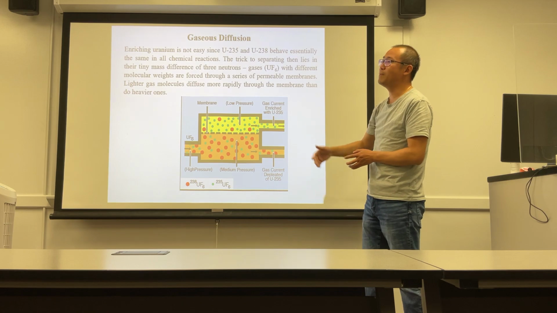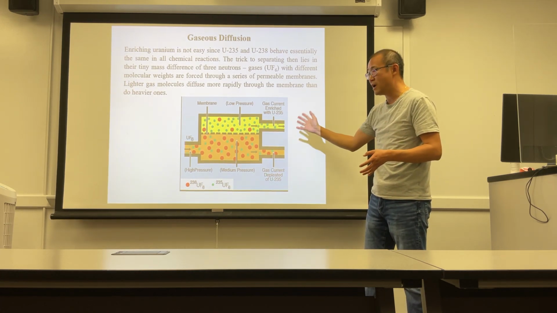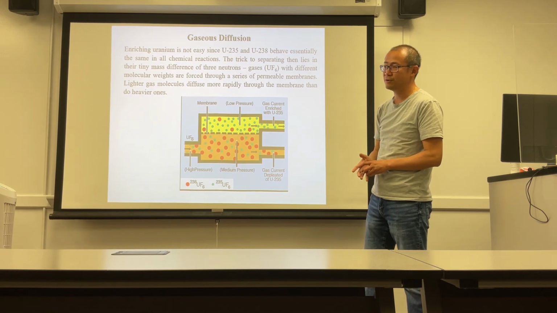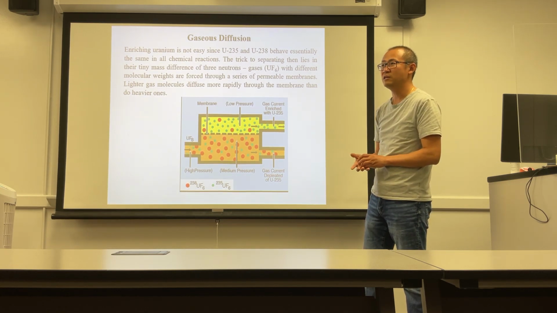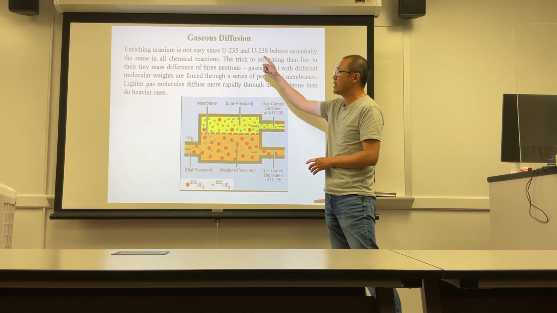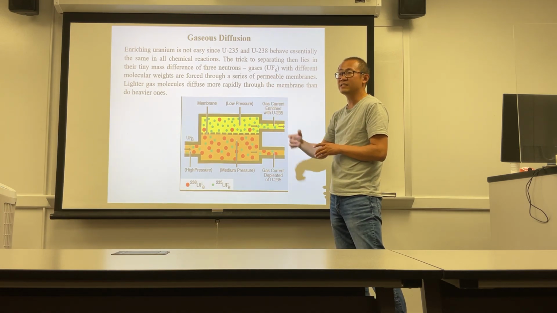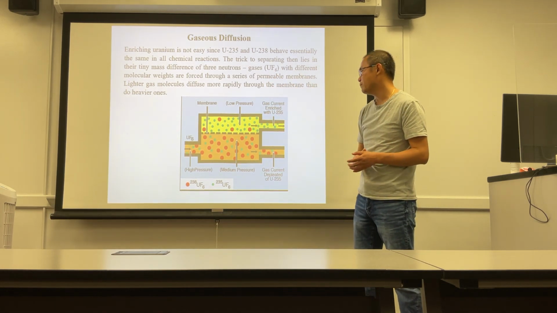Mainly we're talking about 2 technologies. This is something I learned, but I'm not an expert, so you can read more about them later. The first one is to convert uranium ore into a gas, UF6. It's a gas compound containing uranium.